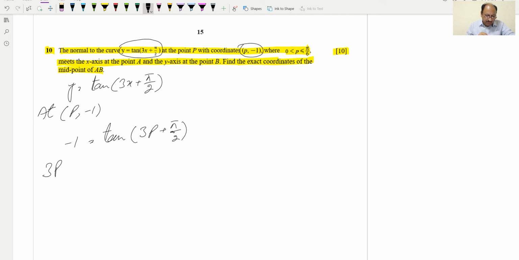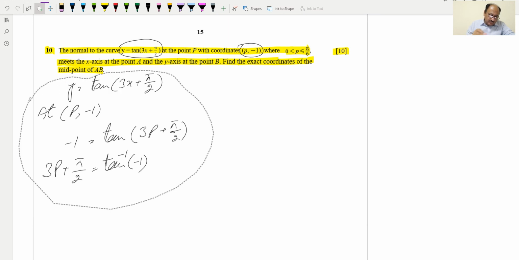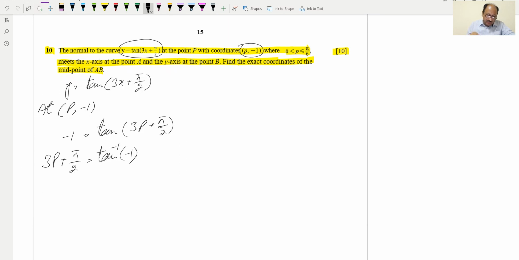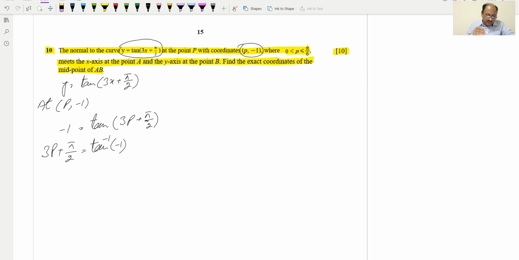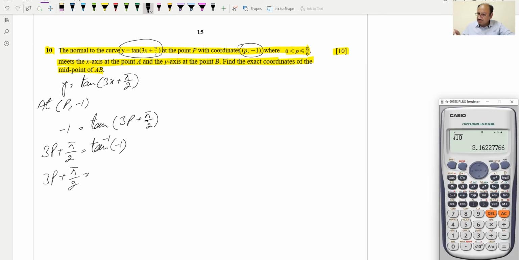So 3p plus pi by 2 will be equal to tan inverse of minus 1. After sending to the other side, we got this, and now we can rewrite it as 3p plus pi by 2 is equal to tan inverse of minus 1.